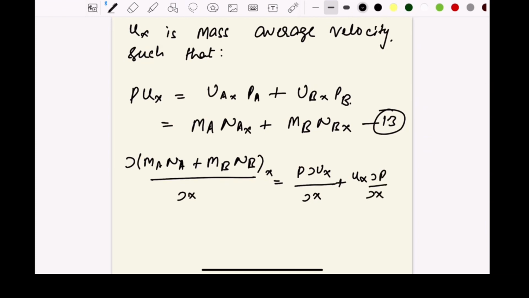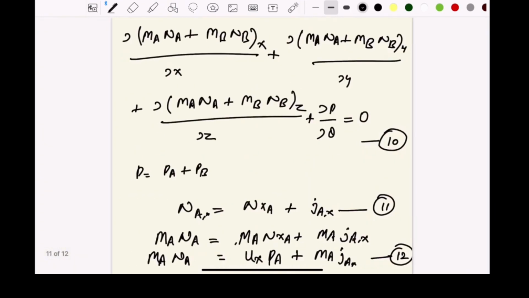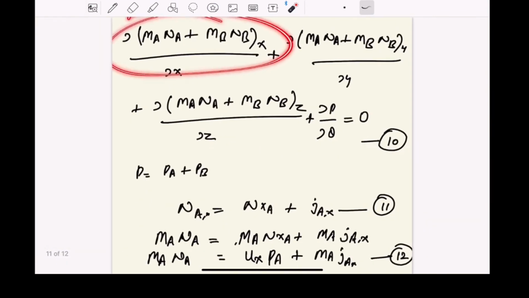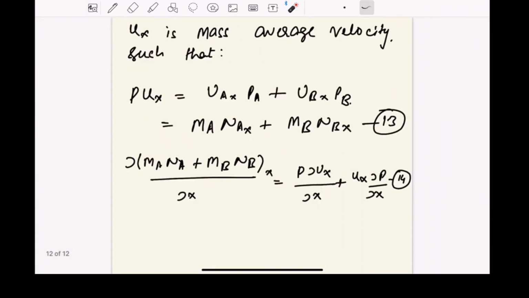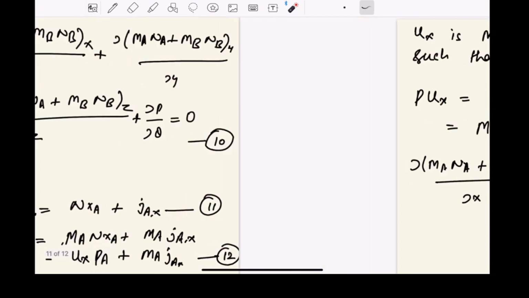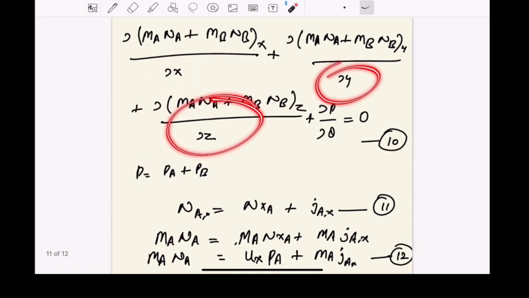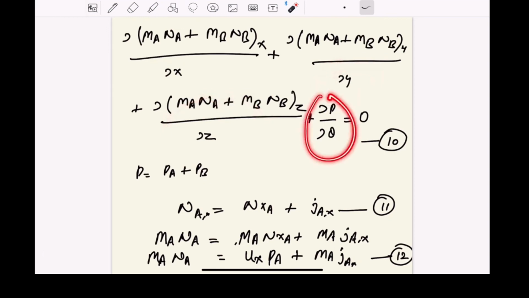This is equation number 14. So the equation number 10 becomes: substitute equation number 14 in equation number 10. So MA NA plus MB NB is replaced by ρ ∂Ux/∂x plus Ux ∂ρ/∂x. It becomes, this is the x derivative, this is y, this is z, and this ∂ρ/∂θ.